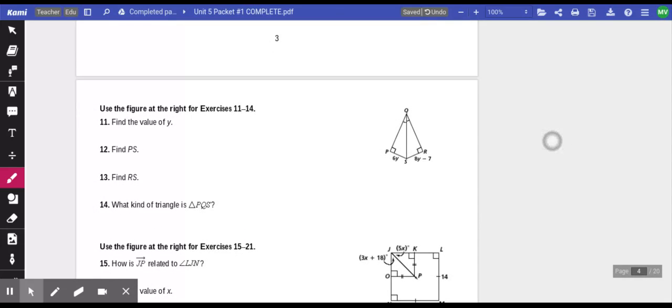Well, we know OS is the angle bisector because it's labeled congruent. And we know that PS and SR are the distances because they're at right angles. Therefore, since it's on the angle bisector, PS is equal to RS. So 6y is equal to 8y minus 7, meaning that y equals 3.5.